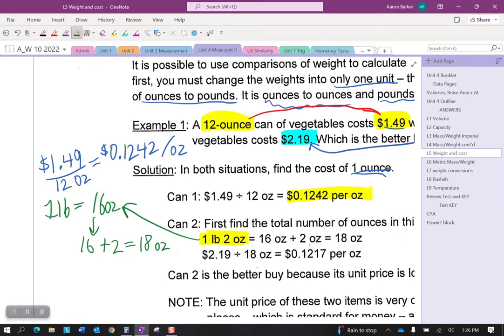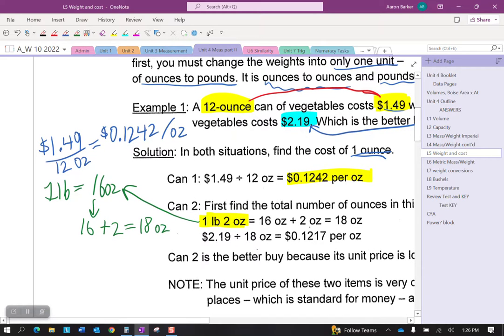That's the complete size. Now we can take the $2.19 and find our unit price and compare the cost per ounce. So we will then take the cost, which is $2.19. It's the most important thing in division, so it goes first, it goes on top. $2.19 on top.